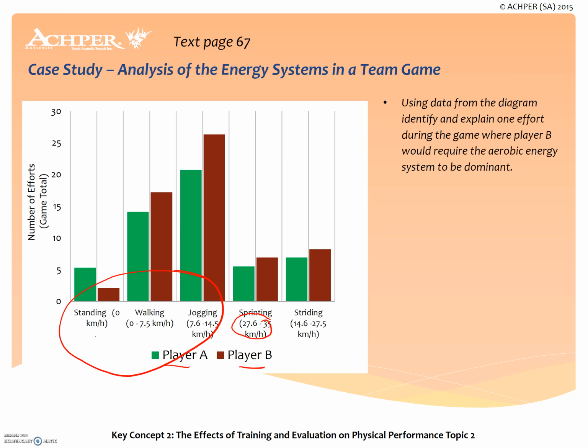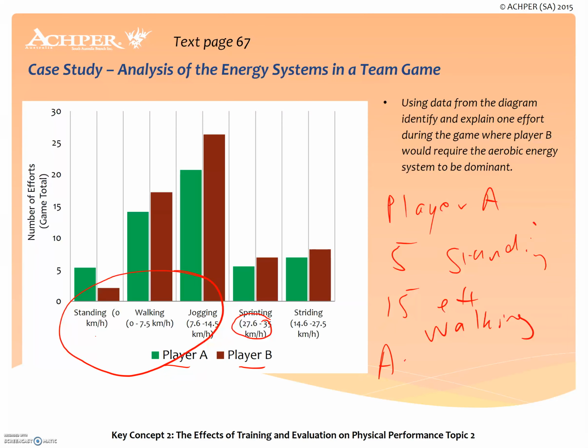So an answer could say, well, for player A, they had 5 efforts where they were standing. Further analysis would say we had up to 15 efforts where we were walking, where the aerobic would be dominant.